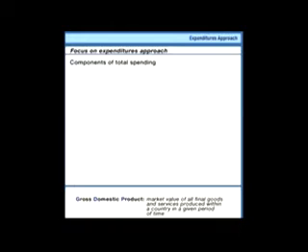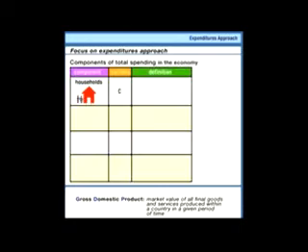Let's start with households. Households purchase goods and services that they enjoy consuming, and we call their spending consumption spending or consumer spending. Now, in 1999, the gross domestic product of the United States was $9.2978 trillion.